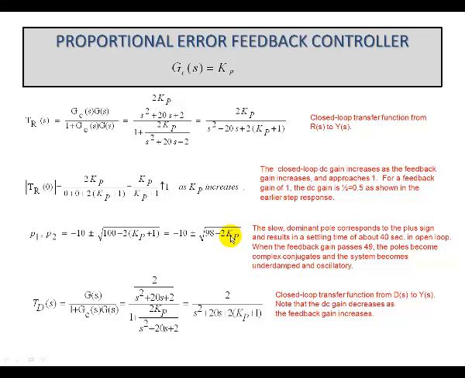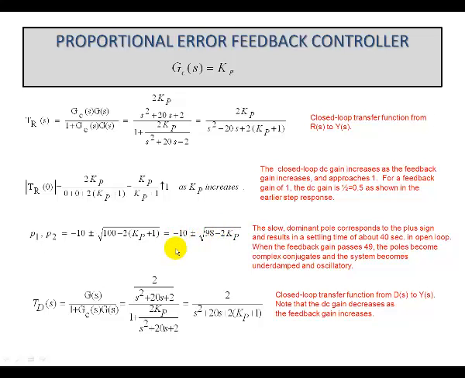As Kp increases, though, this term gets smaller and smaller, and looking at the pole with the plus sign, we will go from minus 0.1 to pretty much minus 10.